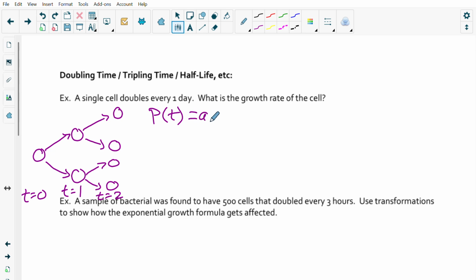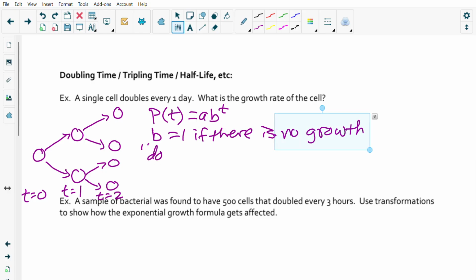So population exponential function. B equals 1 if there is no growth. Okay? But if B equals 1, remember we defined this before? There is no growth. If b equals 1, then this is not an exponential function. So b has to be bigger than 1 or less than 1. Doubling, so let's think about this, folks.